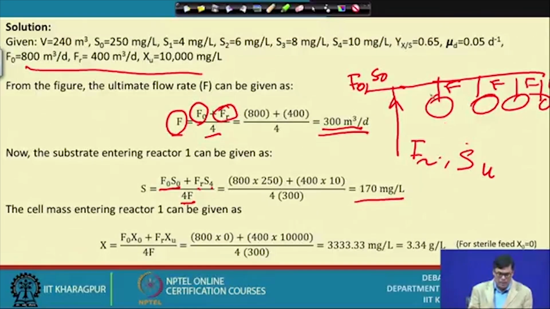So, the S value we can find out. Similarly, we can find out the value of X also. Here X, here X, here X: F0 into X0, this is X0, and here this is XU. Am I right? So, Fr into XU divided by 4F, you calculate, and we will get 3.3 grams per liter.